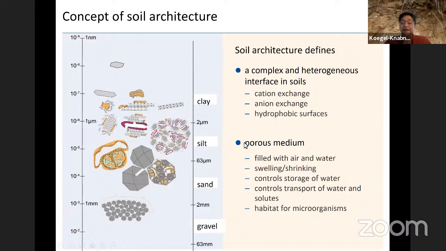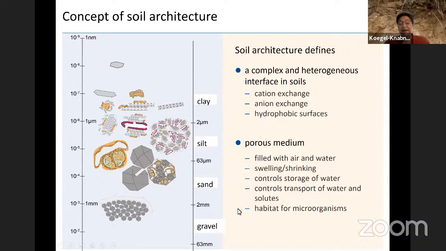It also defines the soil as a porous medium. As it is filled with air and water, we can have swelling, shrinking, control of water storage, control of water transport and of solutes. All this depends on how these aggregates form and how they look like.